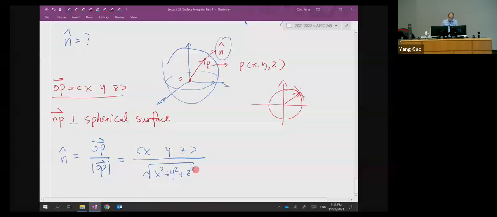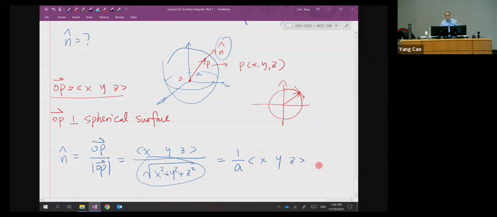What is the magnitude of OP? Radius. So n hat is basically 1 over a times x, y, z.